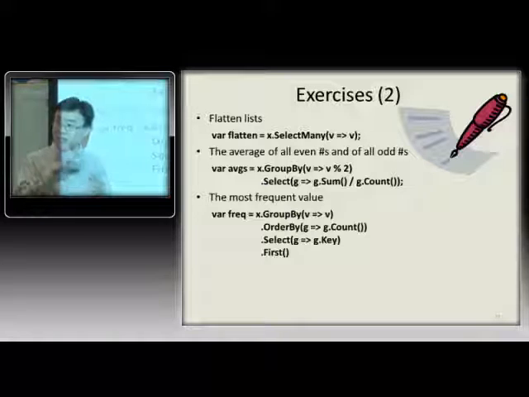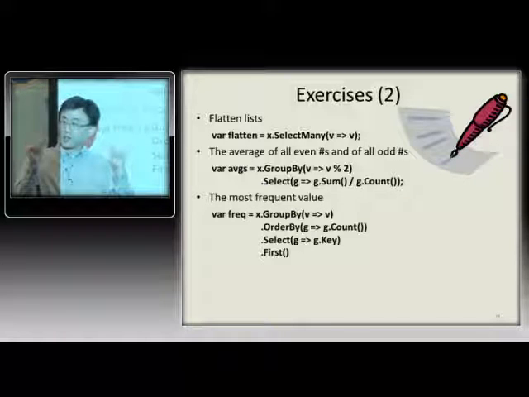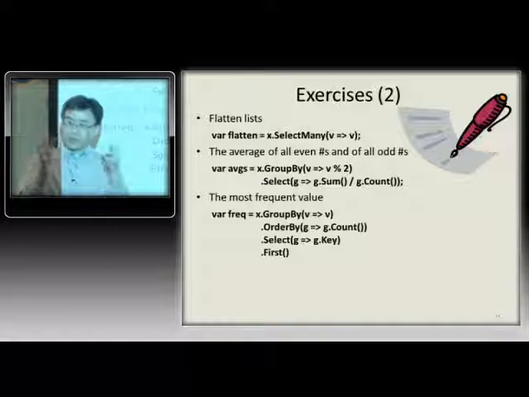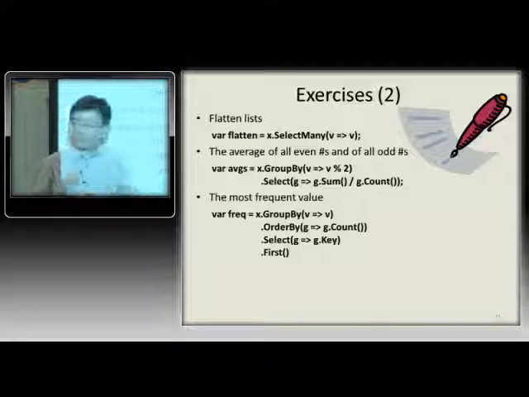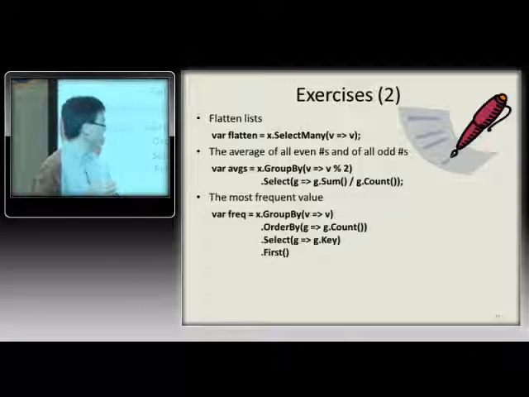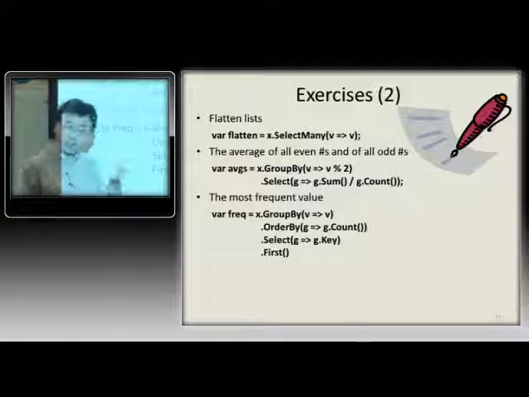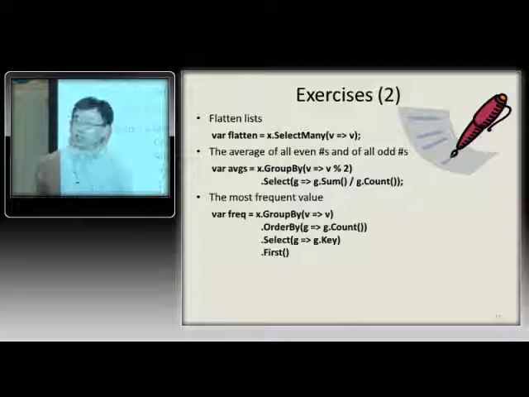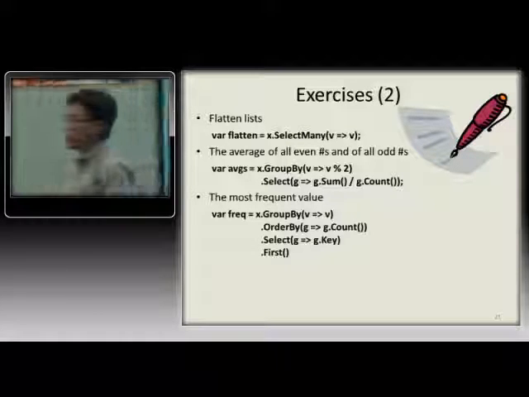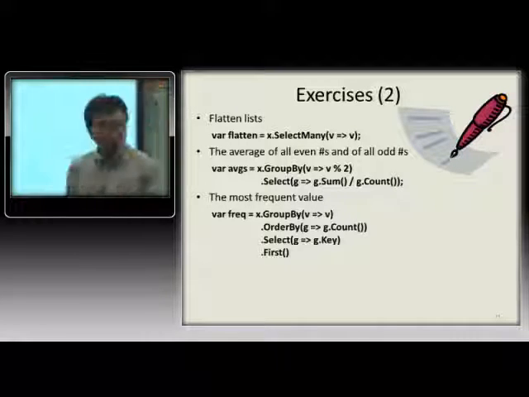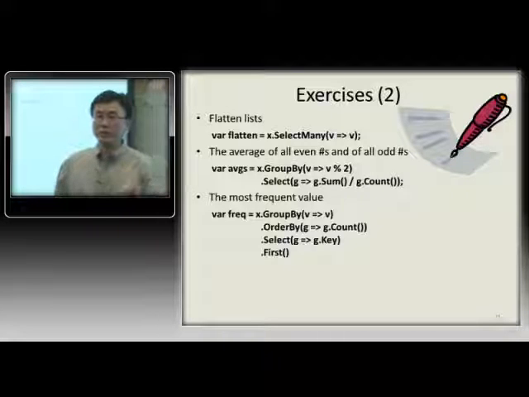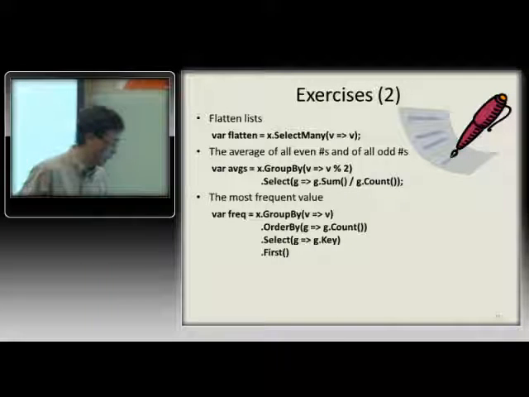That means the group with the largest count would be ordered first. Then I select the key, that's going to be the value, and I choose the first one. So that gives us the most frequently occurring value.